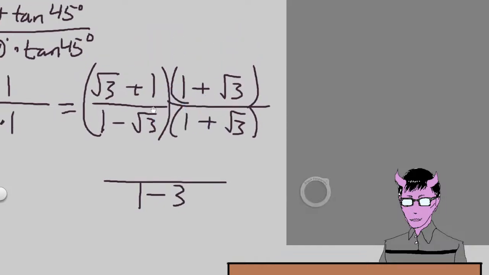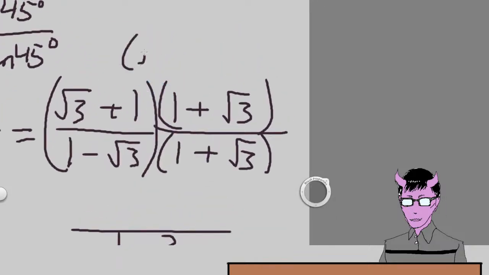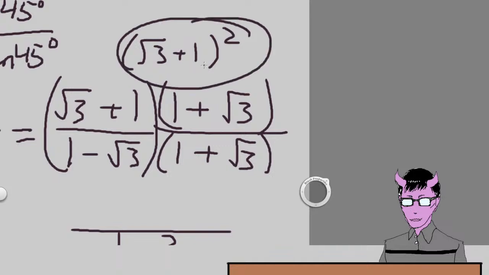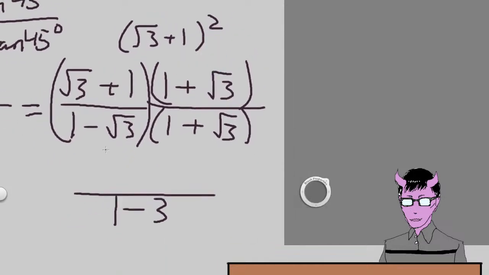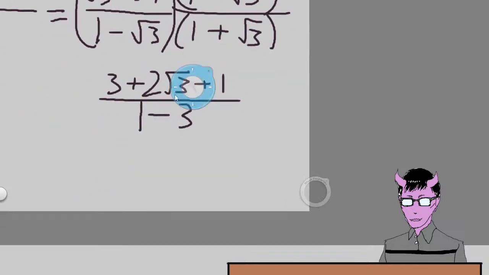Top portion is kind of awful. It's going to be root 3 plus 1 squared. Binomial expansion, so follow your favorite algorithm for that one. I'm just going to do 3 plus, this one's root 3 squared is 3, and then first term times second term times 2, plus 1 squared. So here we go. The bottom simplifies into a negative 2. The top is gross.